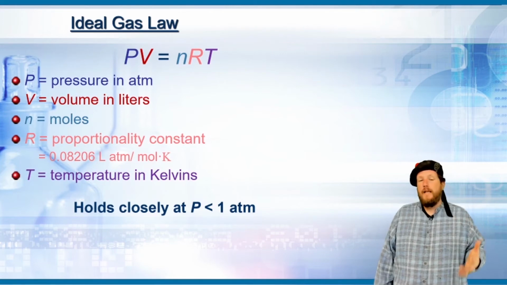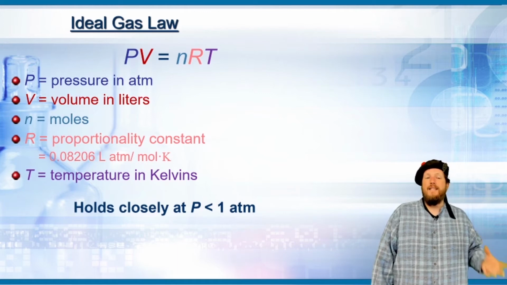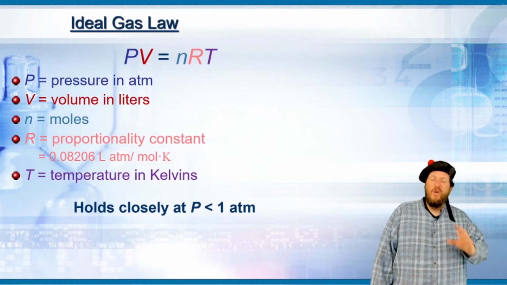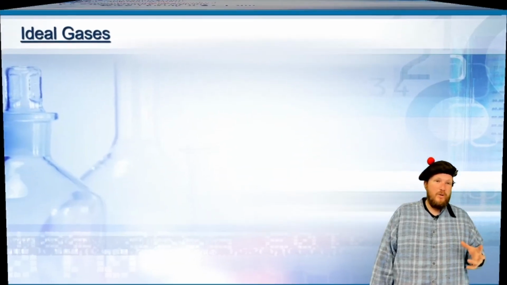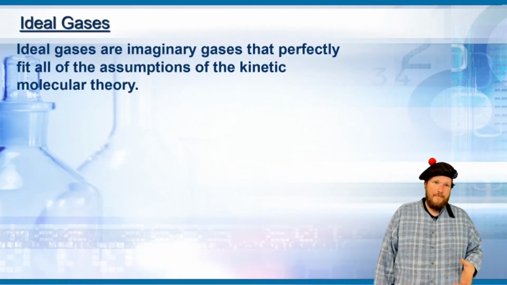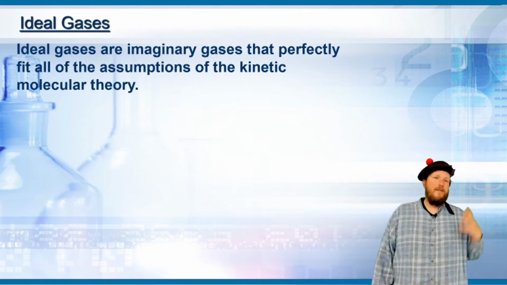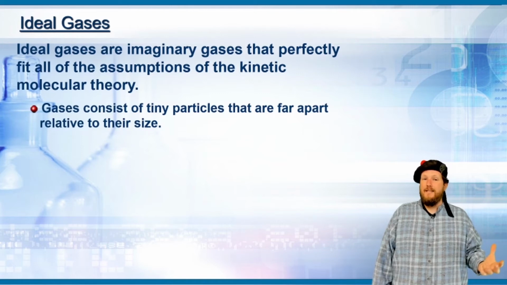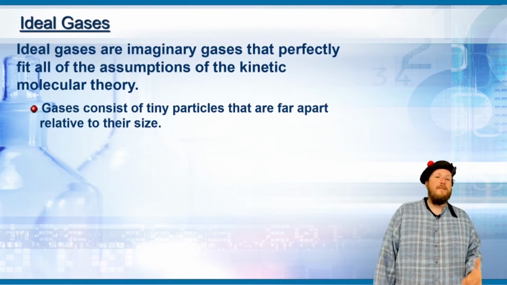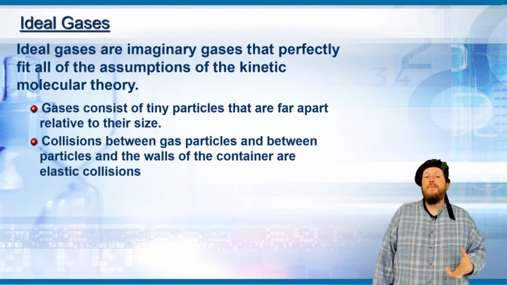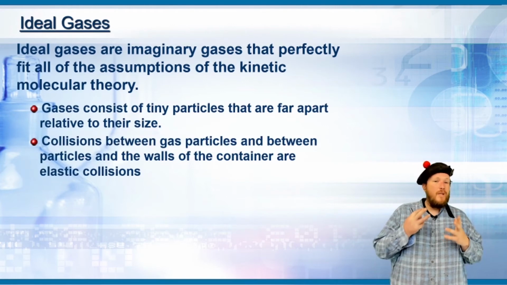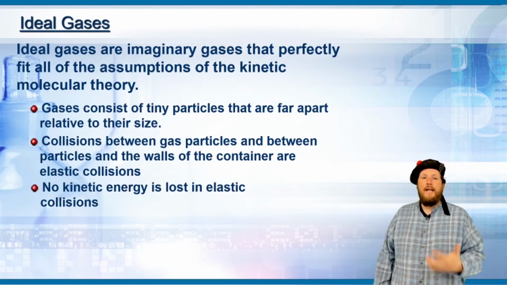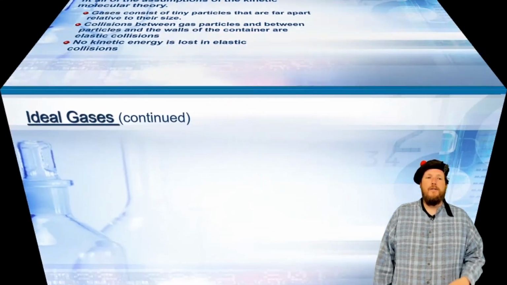An ideal gas is something that behaves ideally. It follows all of the postulates of kinetic molecular theory. Now, there's no such thing as an ideal gas. They're imaginary gases that perfectly fit all of the assumptions of kinetic molecular theory: that gases consist of tiny particles that are far apart relative to their size, that collisions between gas particles and between particles and the walls of the container are elastic collisions, and that no kinetic energy is lost in elastic collisions.